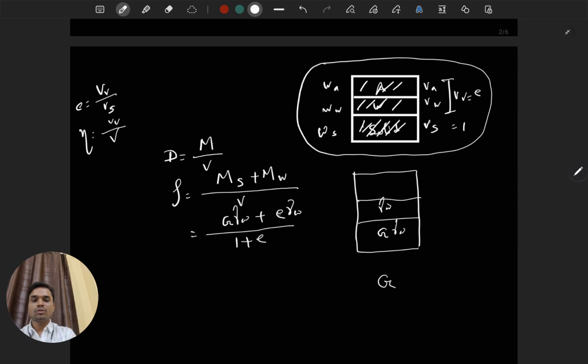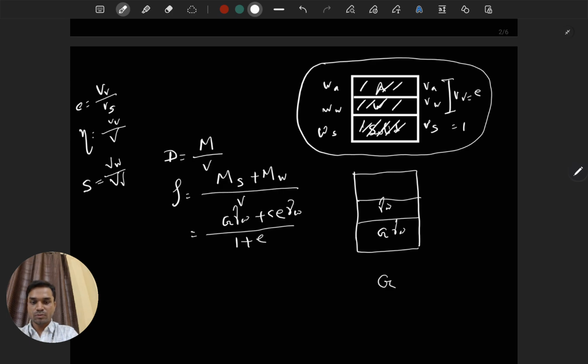In front of e we need the quantity S, the degree of saturation, which is volume of water divided by volume of void.